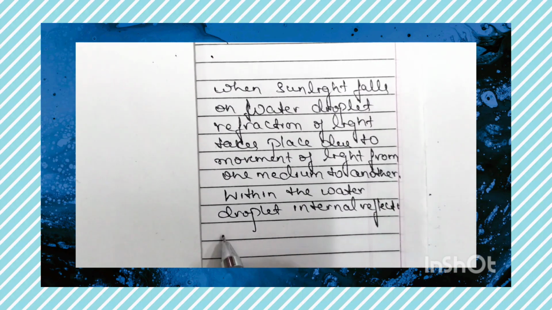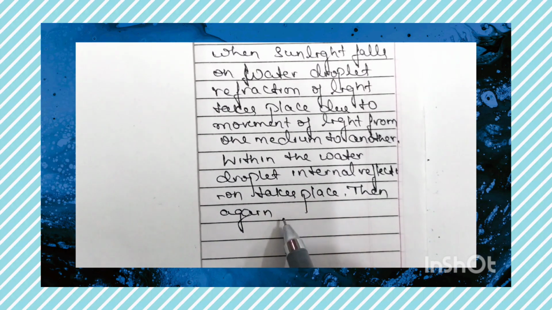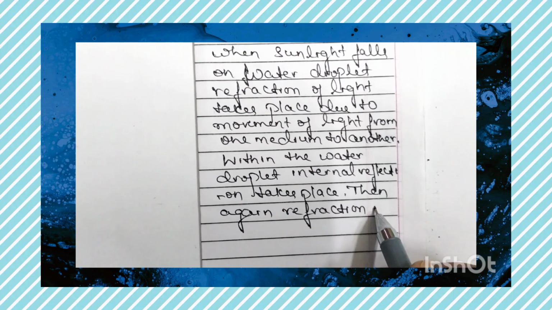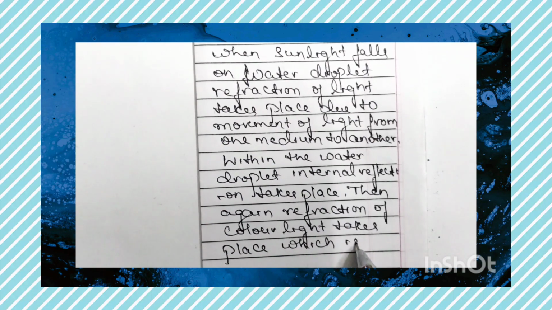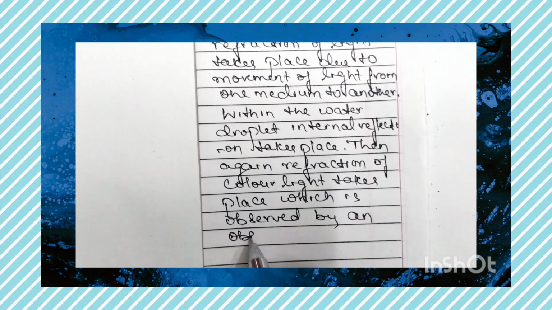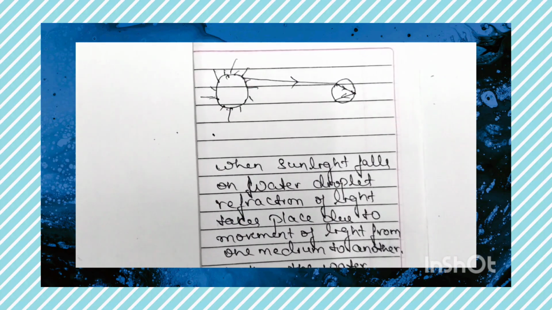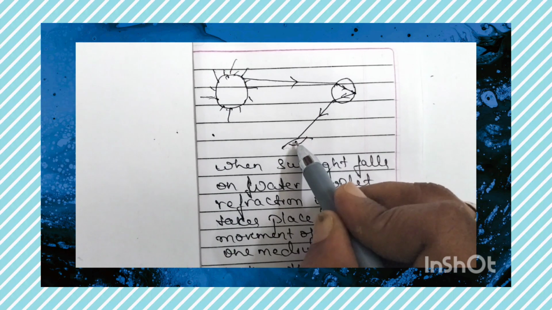Then again refraction of color light takes place, which is observed by an observer. ಸೊ ಈಗ ಏನಾಗುತ್ತೆ, ಒಳಗಡೆ ಇಂಟರ್ನಲ್ ರಿಫ್ಲೆಕ್ಷನ್ ಆಗುತ್ತೆ. ಇಂಟರ್ನಲ್ ರಿಫ್ಲೆಕ್ಷನ್ ಆದ ನಂತರ again refraction will takes place, and this refracted light is observed by the observer.